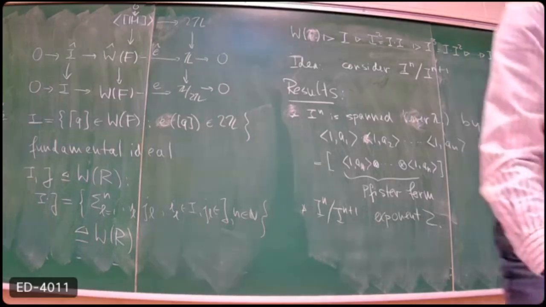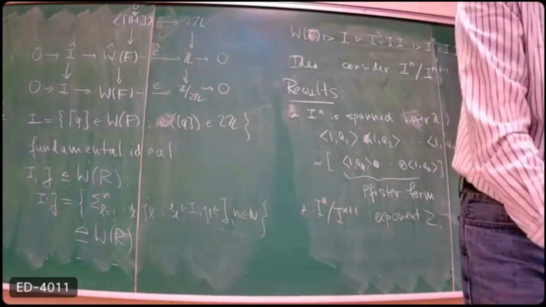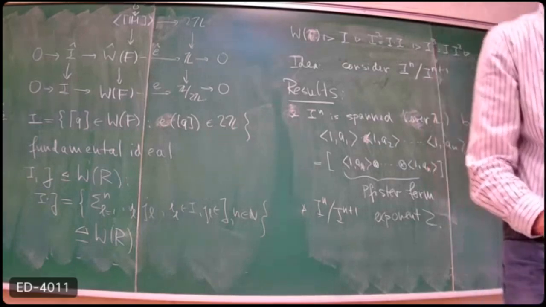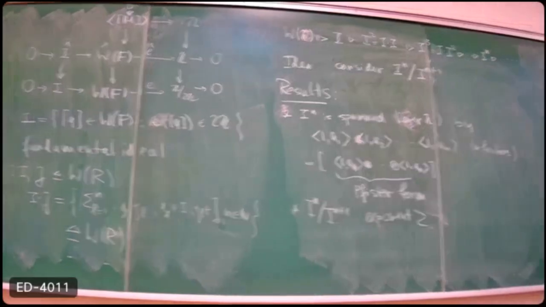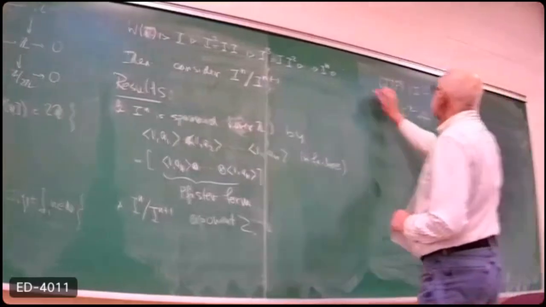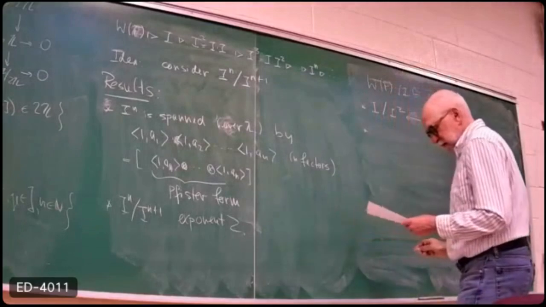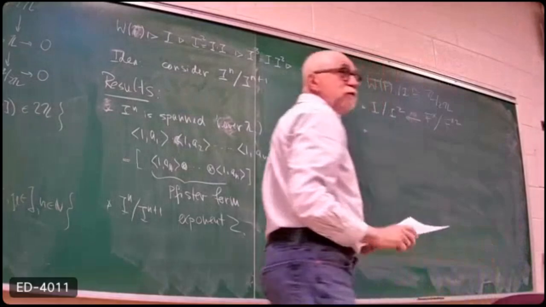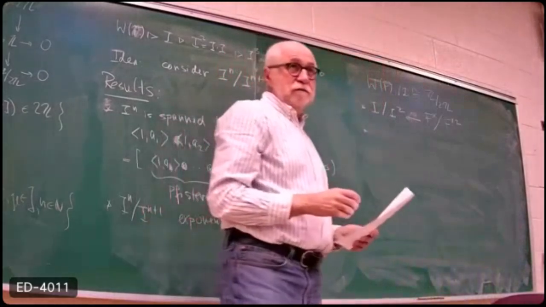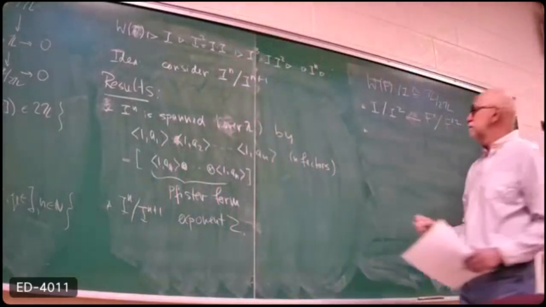Now, fine. There are infinitely many research problems, right? What is I to the n modulo I to the n plus 1? But let me just give you one more. Anyway, one knows what the next quotient is.